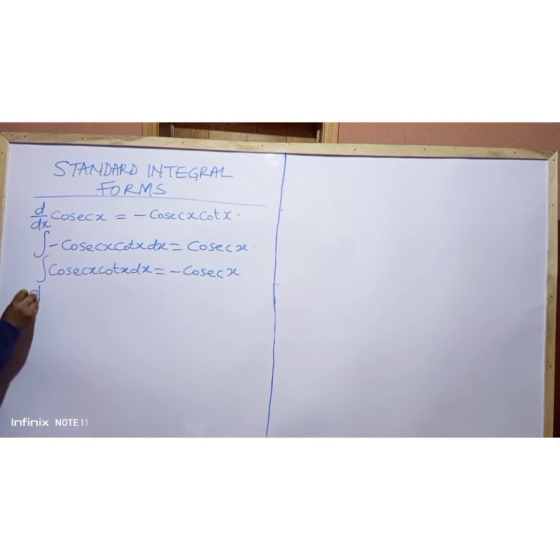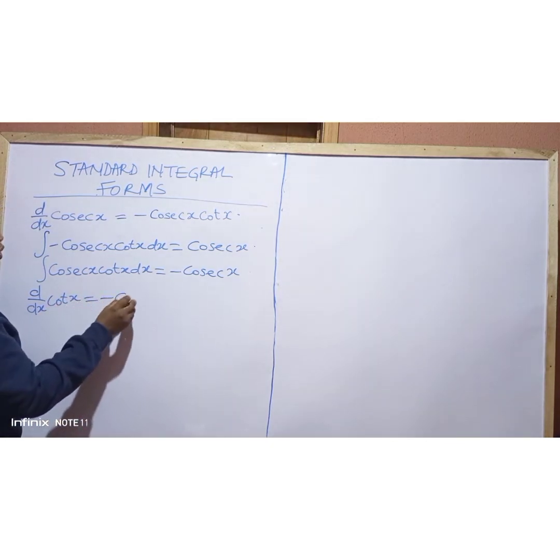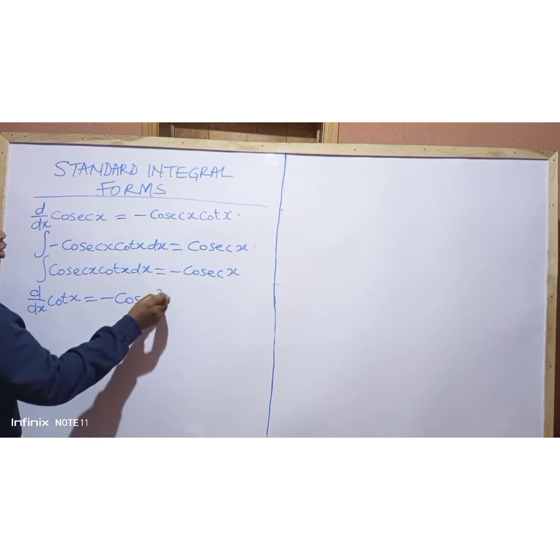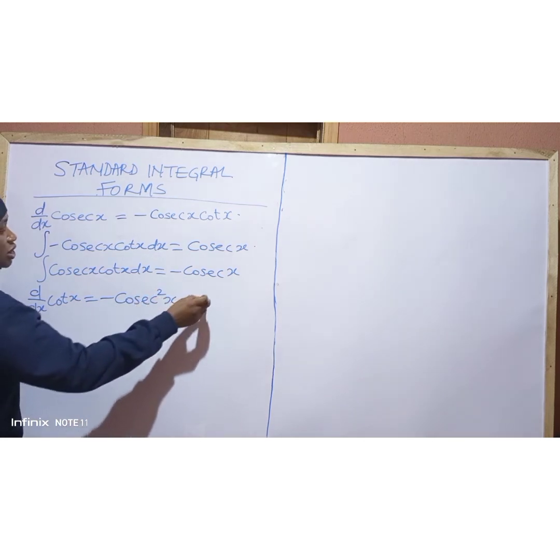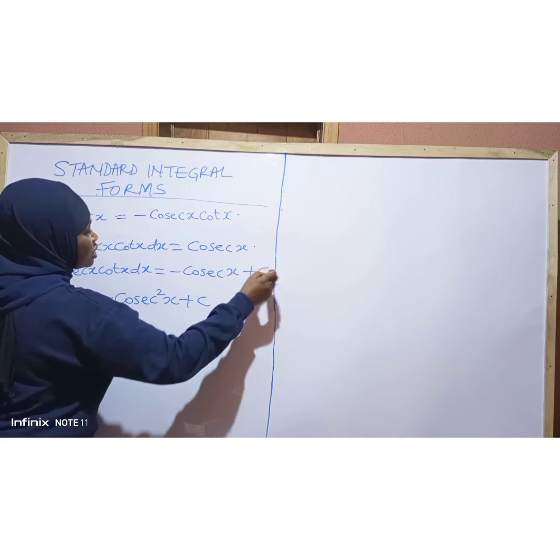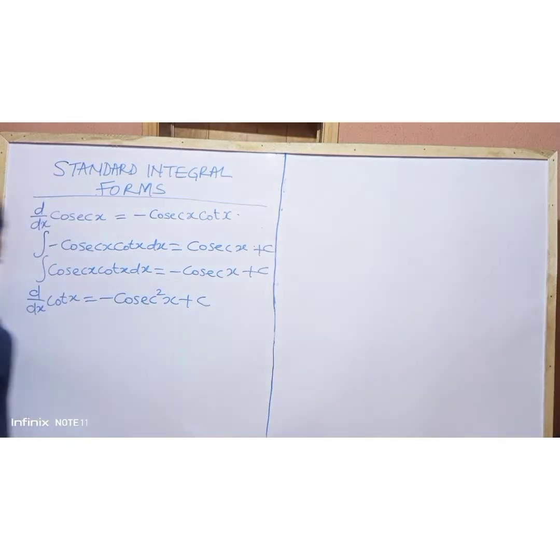Also, we have differentiation of cot x is equal to minus cosec squared x. Forget plus c.